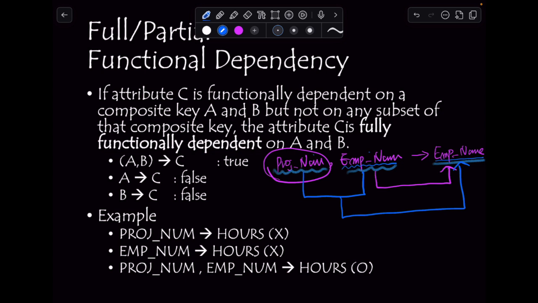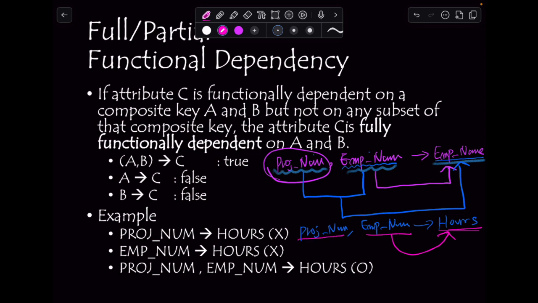But this is different from the working hours case. If it's the working hours case, let's say there is again project number and employee number together on the left side, then can we determine working hours using only employee number? No. Why? As I told you, John, the same guy, can work for two different projects, and in that case, hours are different. So employee number cannot determine working hours because we don't know which project he has been working on.